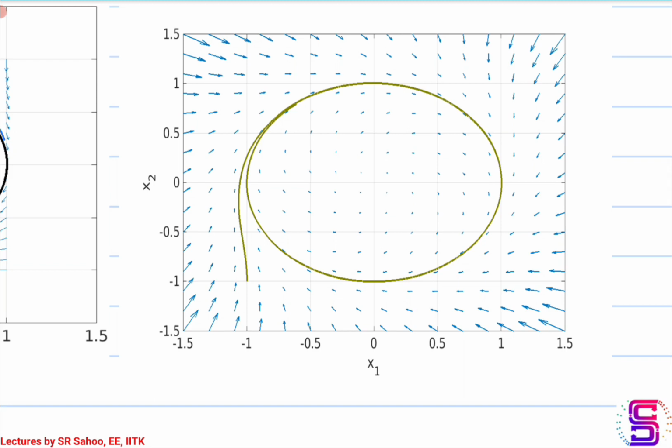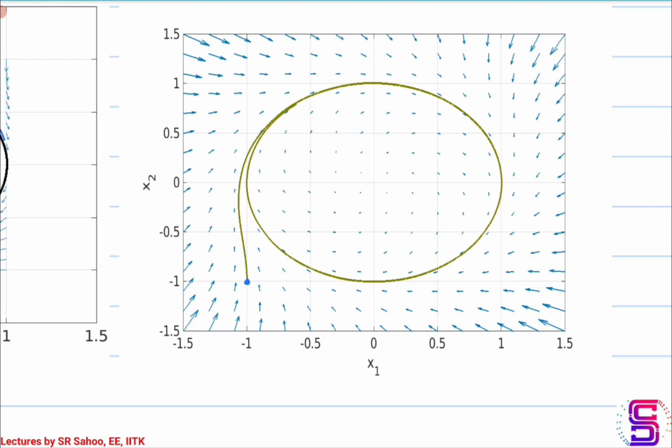So for the initialization of this particular trajectory here, this keeps on moving like this and will come arbitrarily close to the circle of radius 1 centered at origin as t approaches infinity.